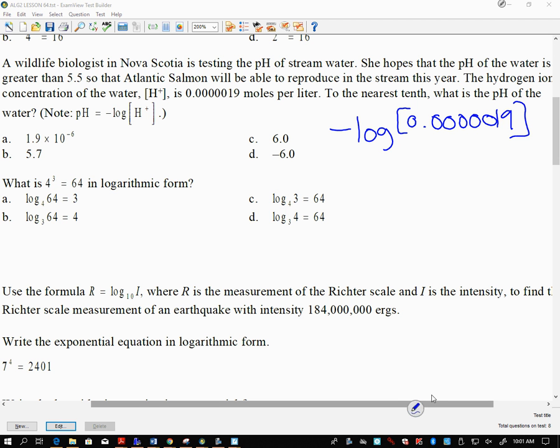There's not really more to it than that. 5.7. Yep, it's right there. Somebody want to scroll down to the bottom, double check that answer. Is that correct? Okay, good.